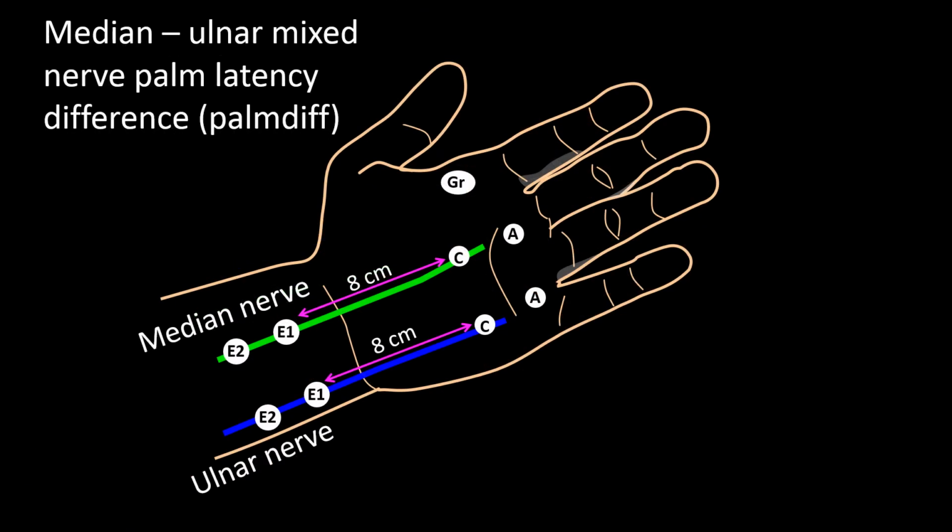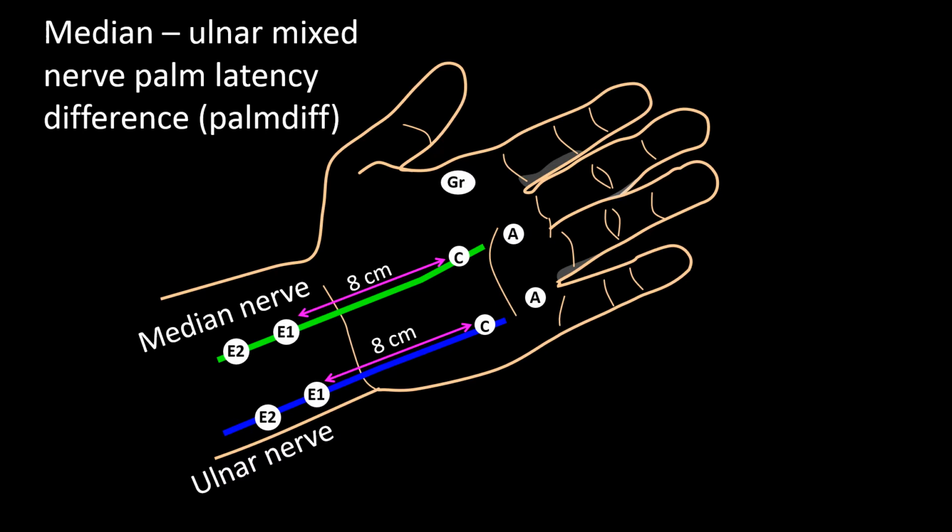Palm diff stimulates the fibers in the palm, including those from muscle spindles, and since the conduction velocity of these fibers is the fastest, palm diff records the fastest fiber. This is so because neither the stimulating electrode, as is the case with orthodromic sensory recording from the fingers, nor the recording electrode, as is the case in motor or antidromic sensory recording, restricts the nerve fibers being recorded.